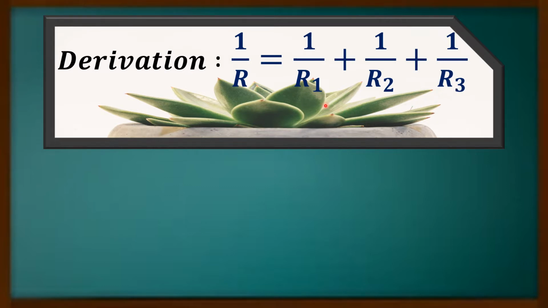So if three resistors are connected in parallel, then the reciprocal of the equivalent resistance is equal to the sum of the reciprocals of the individual resistances. That we are going to derive in this video.